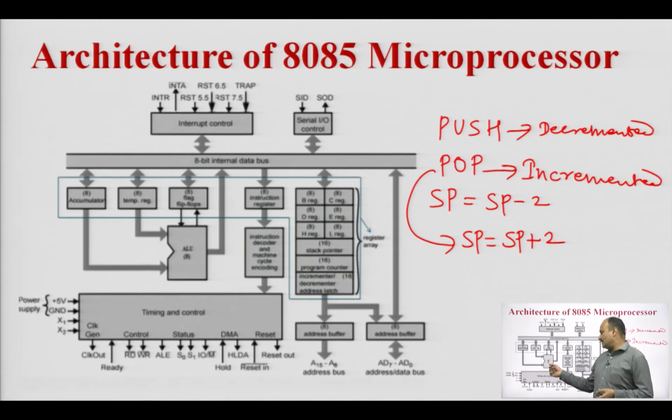Simultaneously, during the execution of an arithmetic and logical operation, the arithmetic and logic unit passes the status of the result to the flag register, and it also receives the status of the flags. What is the meaning of that? Suppose you want to perform a 16-bit addition between two 16-bit numbers. We first add the lower 8 bits, and if a carry is generated during the addition, the carry flag is set.